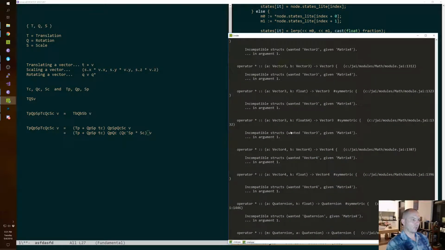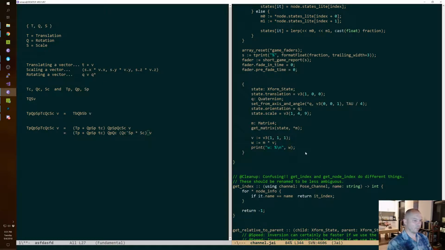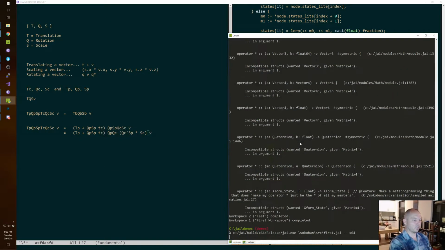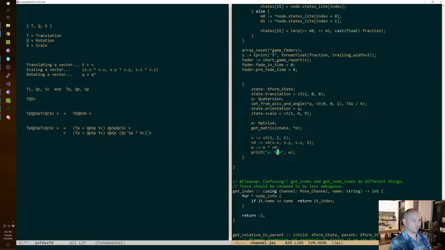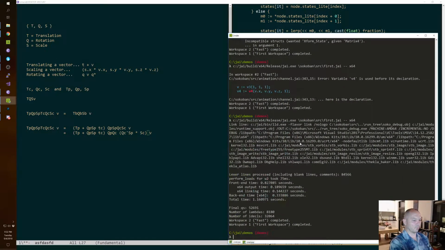Which one takes a matrix? Okay. Vector 4. Okay.